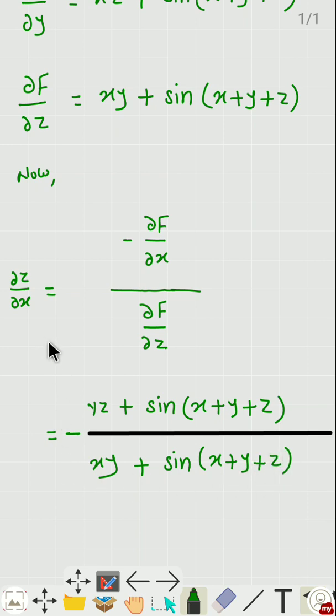So this is the partial derivative of z with respect to x. Now we write the partial derivative of z with respect to y.